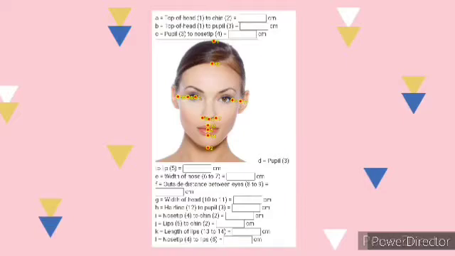G. Width of the head 10 to 11. H. Hairline 12 to pupil 3. I. Nose tip 4 to chin 2. J. Lips to chin 2. K. Length of lips 13 to 14. L. Nose tip 4 to lips 5.